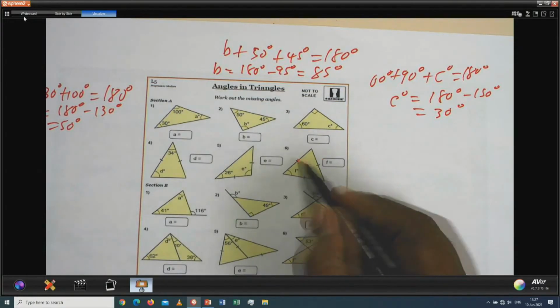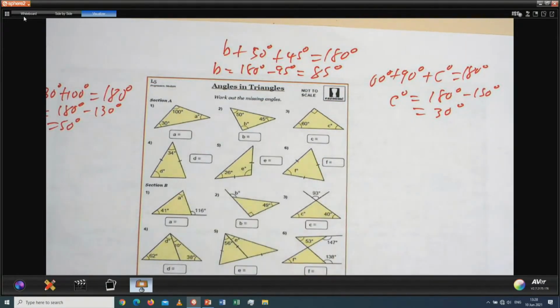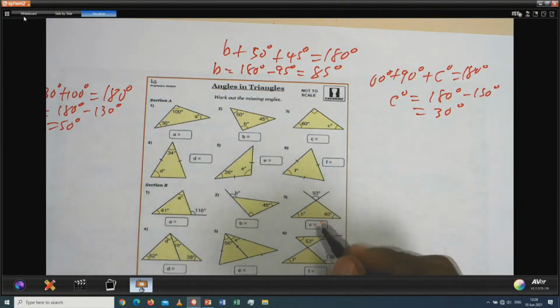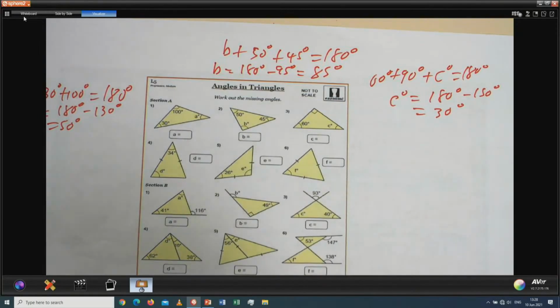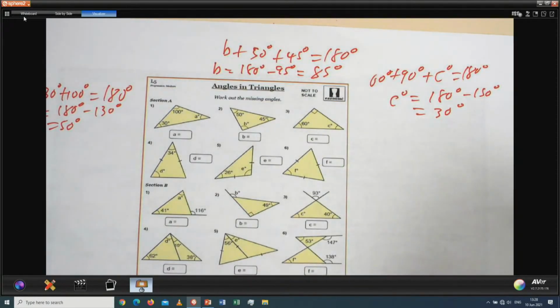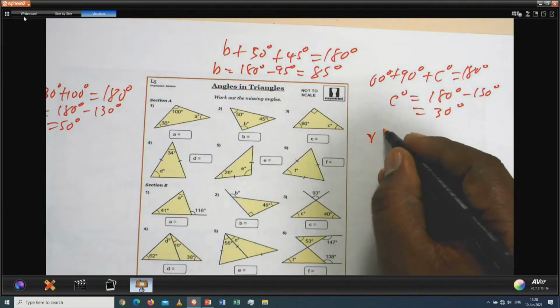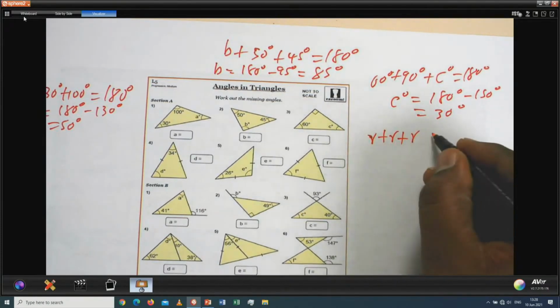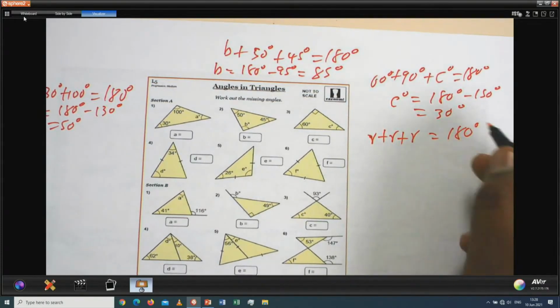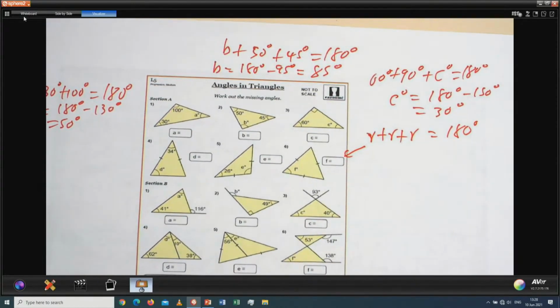And what does this one say? All sides are equal. So we said if all sides are equal, it's an equilateral triangle. All sides equal, all angles equal. Therefore, every angle there will be equal to R. That's what you know at this point in time.